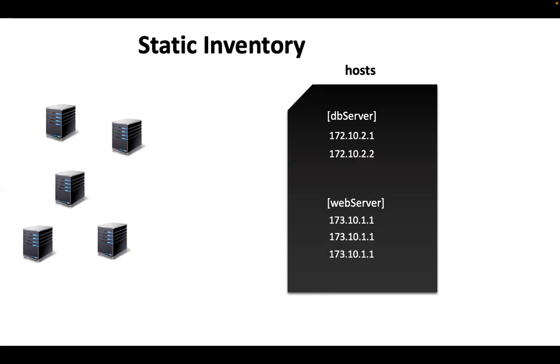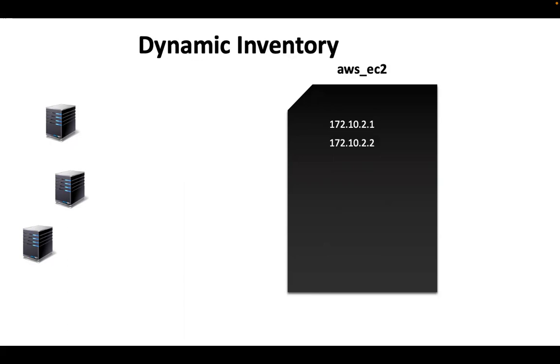But in case you need this to change automatically, then you have to go with dynamic inventory with the AWS EC2 module, aws_ec2. If the servers increase, say we have 2 or 3 servers in the list, they will automatically be added here.